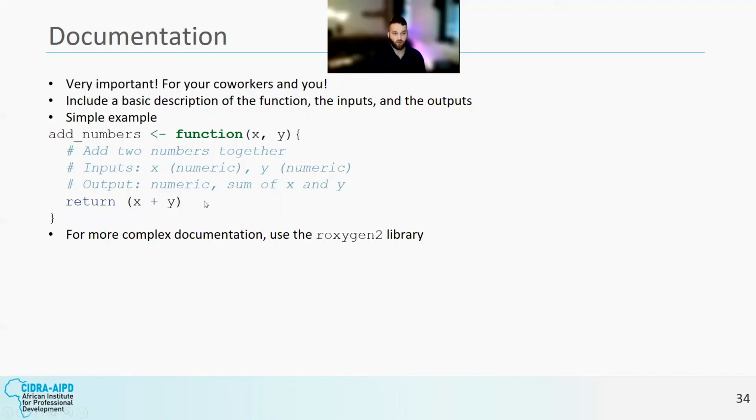And finally, the output is again numeric, and it's just the sum of X and Y. So if a new colleague or something needs to read your functions, they go to this function, they see exactly what it does, what it needs, what it returns. If you need to use more complex documentation, one example library would be the Roxygen2 library. That can even help you with creating the manuals if you need them.